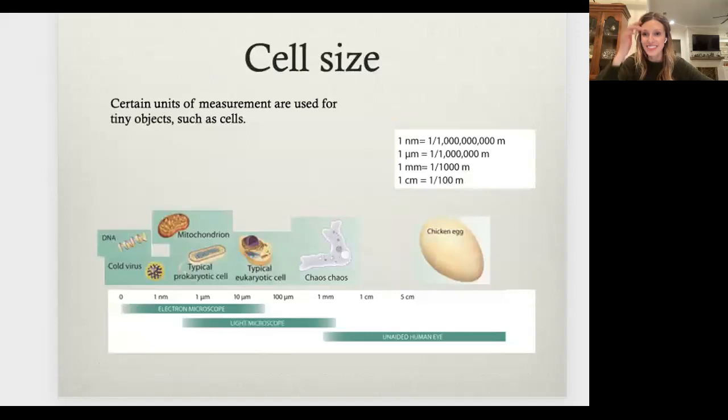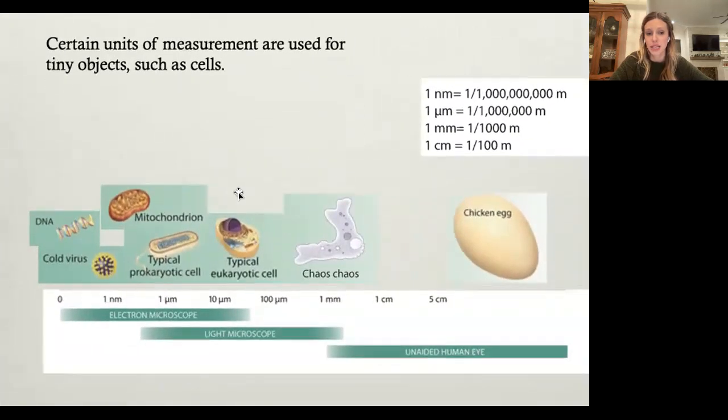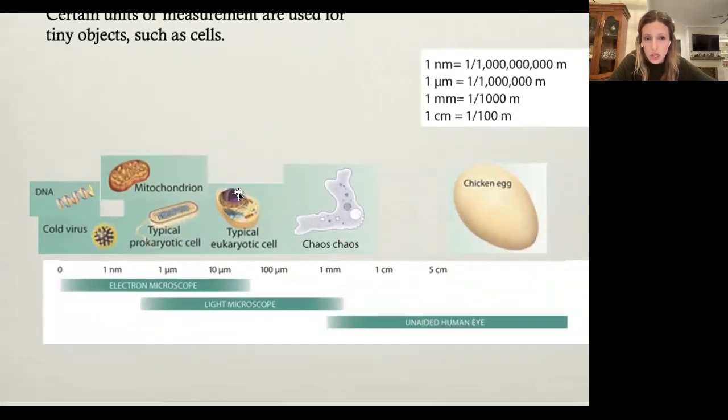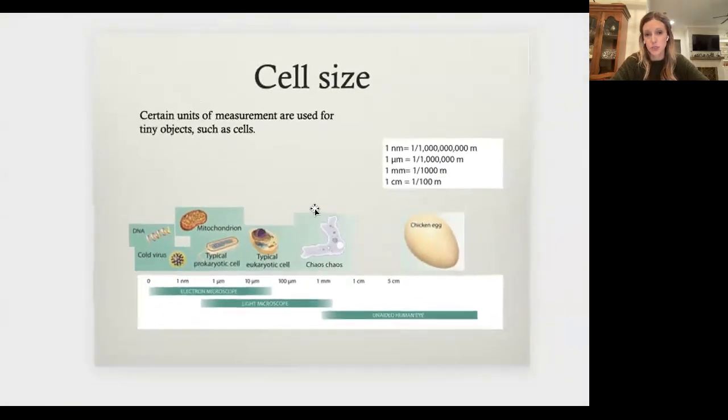Okay, so cell size. Certain units of measurement are used for tiny objects such as cells. Cells are itty bitty, right? Nanometers are basically where cells start out, and each cell has different units of measurement.